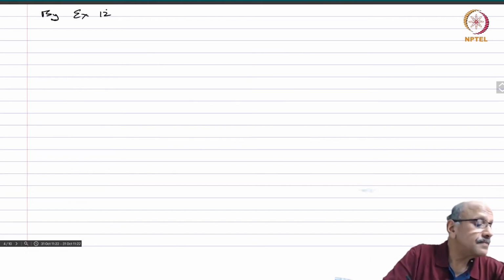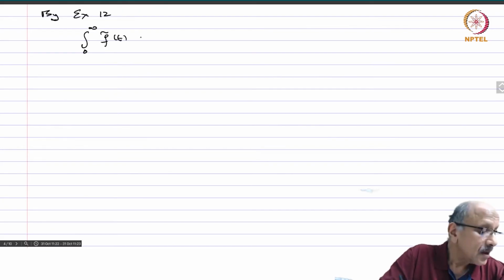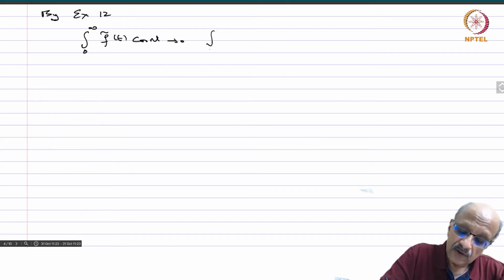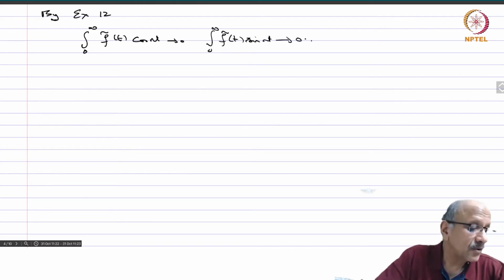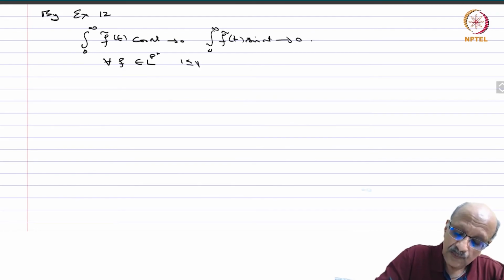So by exercise 12, we have the integral from 0 to infinity of f tilde t cos n t tends to 0, and the integral from 0 to infinity of f tilde t sin n t tends to 0, for all f in Lp star, 1 less than or equal to p less than infinity.